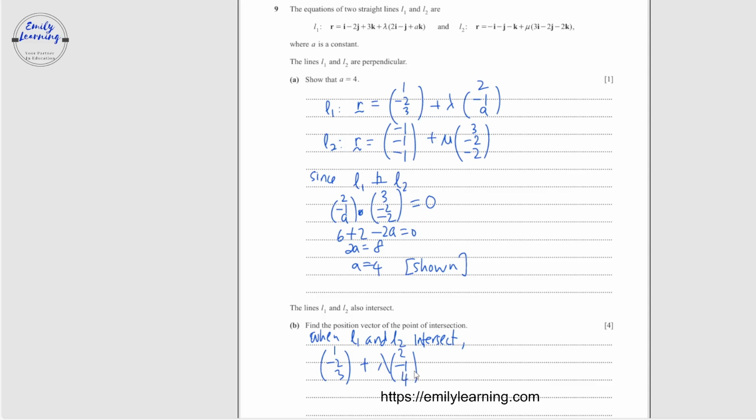So let's put in 4, is equal to minus 1, minus 1, minus 1 plus mu times 3, minus 2, minus 2, for some particular values of lambda and mu. So when they intersect at a particular value of lambda and mu, that is what we need to look for.